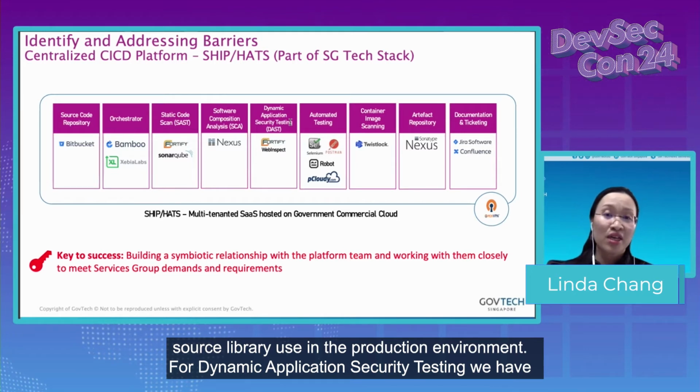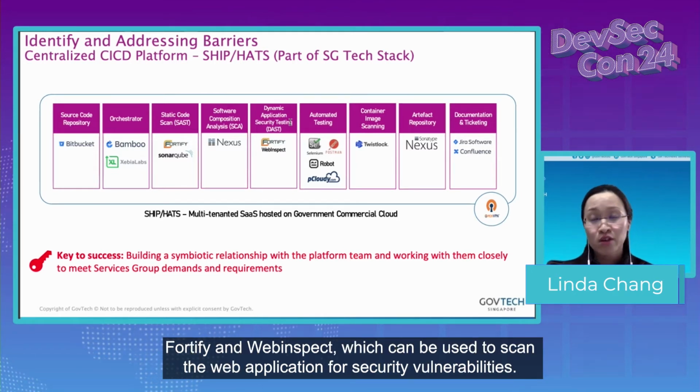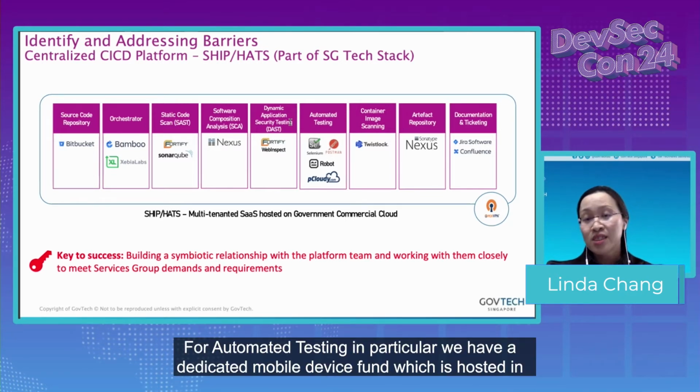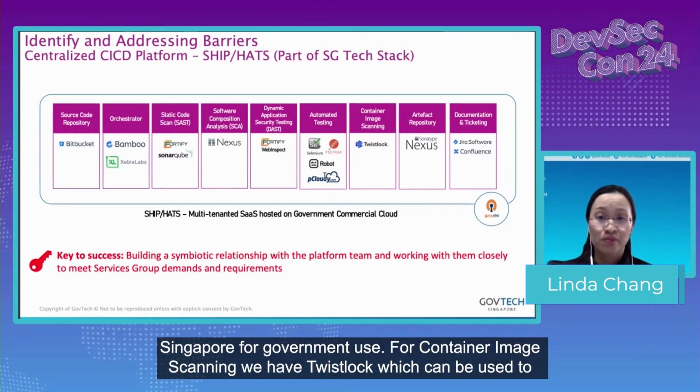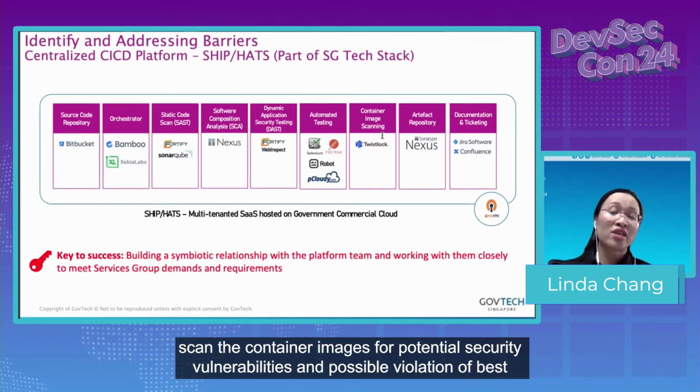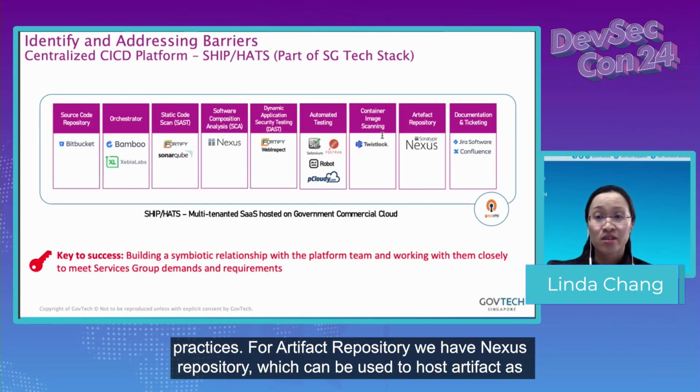For dynamic application security testing, we have Fortify WebInspect, which can be used to scan the web application for security vulnerabilities. For automated testing, in particular, we have a dedicated mobile device farm, which is hosted in Singapore for government use. For container image scanning, we have Twistlock, which can be used to scan the container images for potential security vulnerabilities and possible violations of best practices.